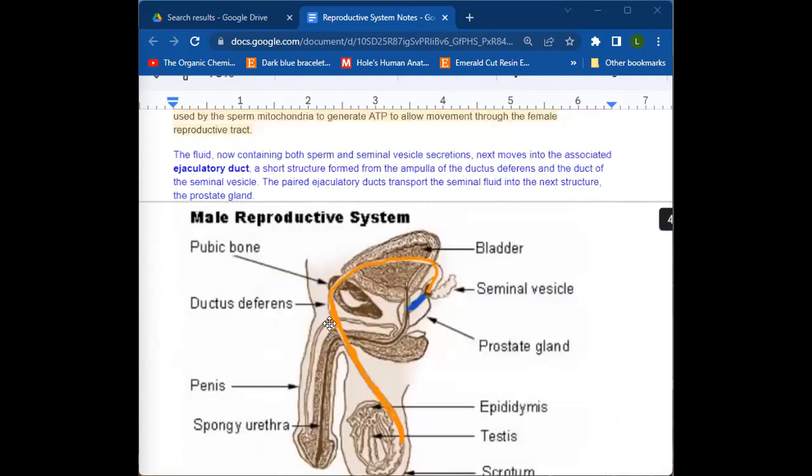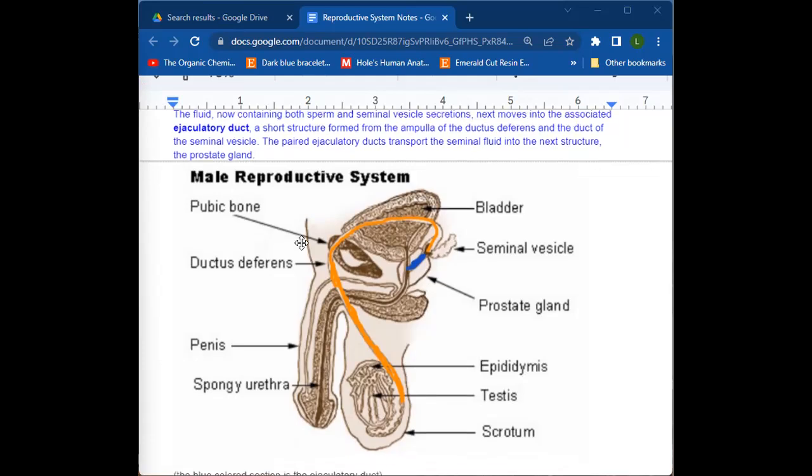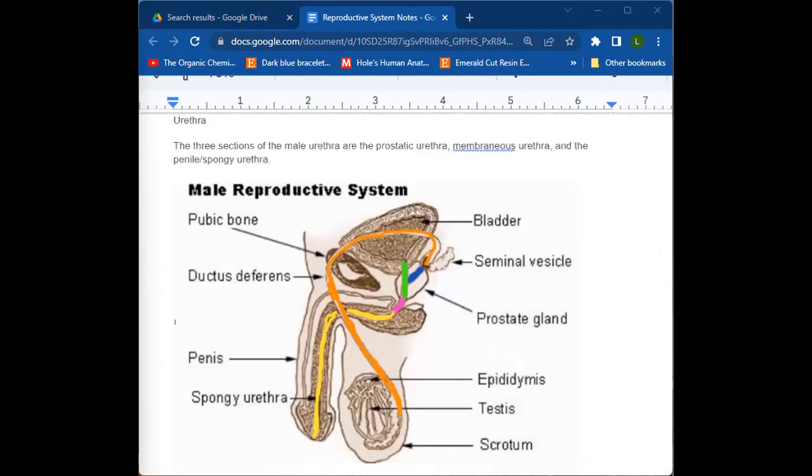Then after the vas deferens, there's the ejaculatory duct. The ejaculatory duct is a very short tube that carries the sperm from the vas deferens through the prostate. Then the next tube they move through is the urethra.